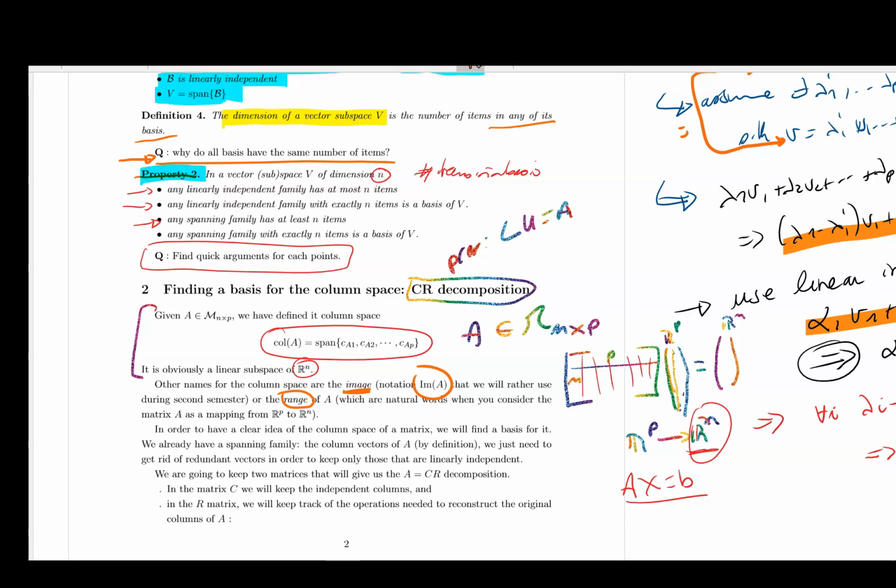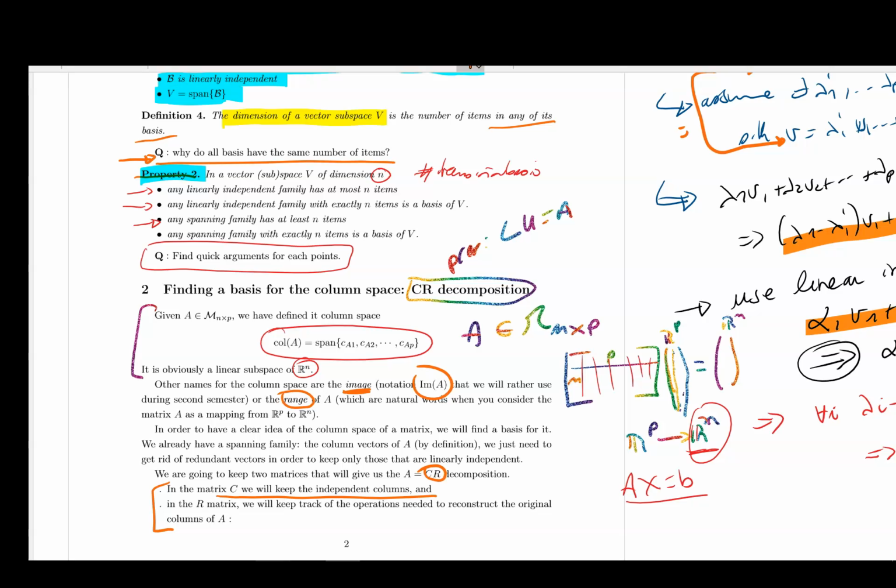So what we want to do is to find bases for the column space of our matrix in order to understand exactly what are the things that are spanned by the columns of our matrix, right? So we're going to create two matrices, denoted C and R. So again, columns and rows. In C, we will keep the independent columns of our matrix.